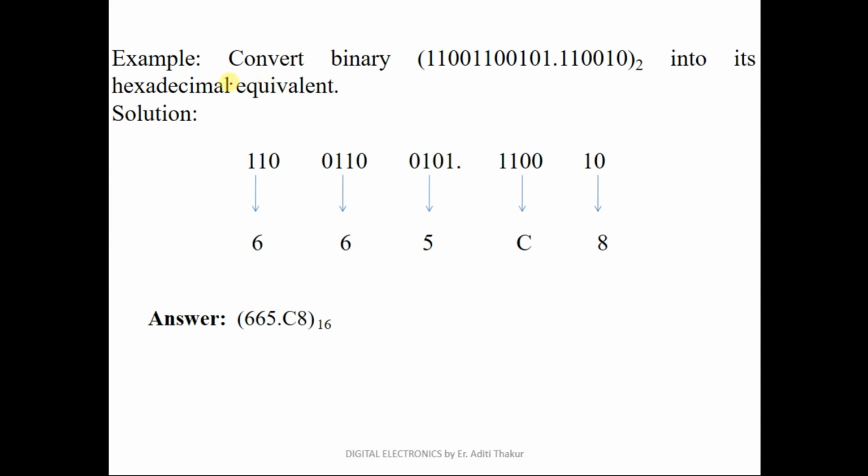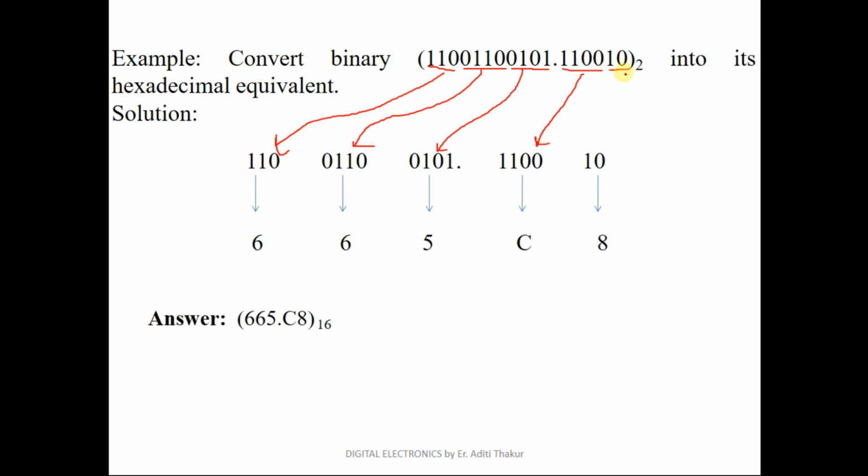Like in this example, convert this binary number into its hexadecimal equivalent. So we will make groups of 4 like this.